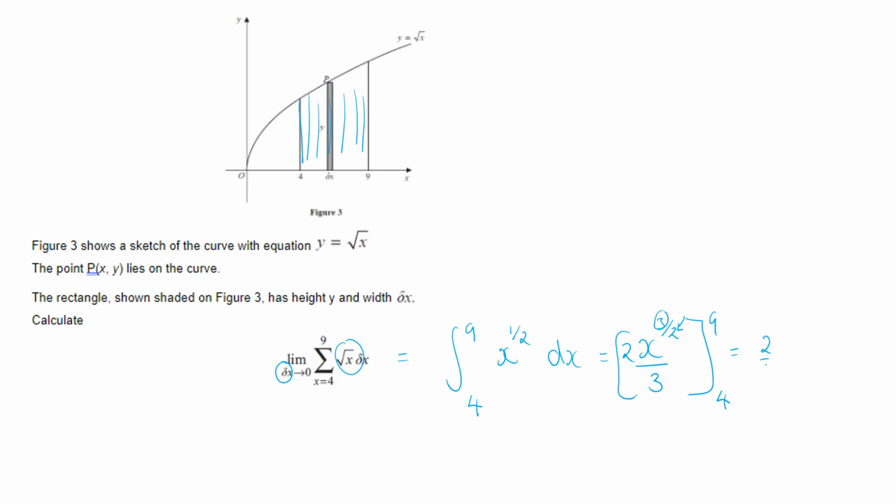So it's going to be 2/3 times 27. Take away, when we put 4 in, the square root of 4 is 2. 2 cubed is 8. So it's 2/3 times 8, which is going to be 54 over 3 minus 16 over 3, which is 38 over 3.